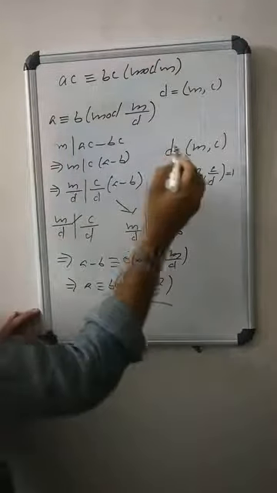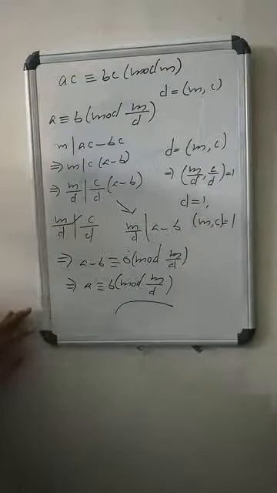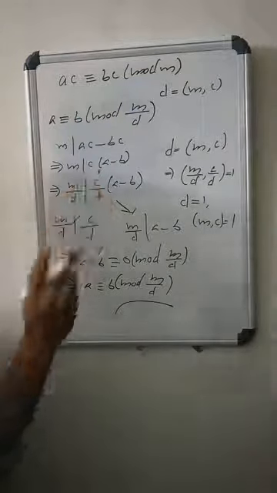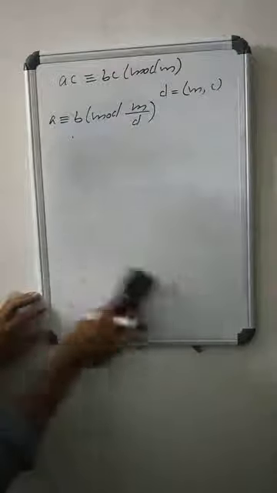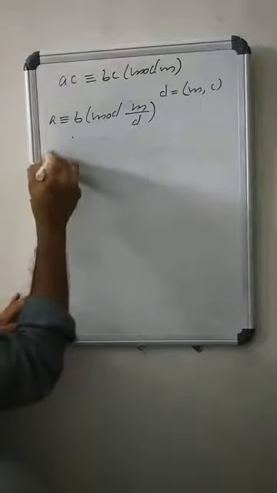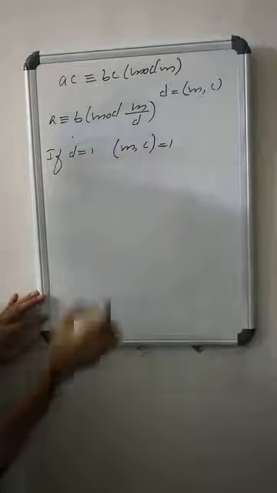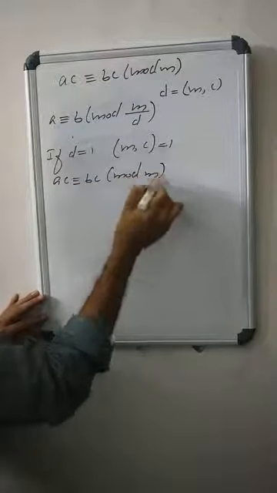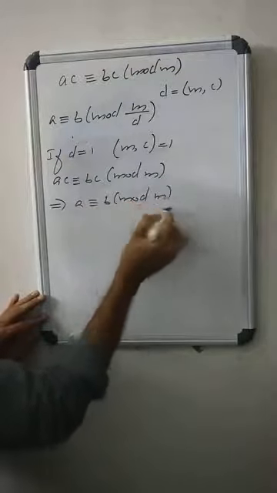Now, when D is 1, meaning M and C are relatively prime, when the common factor and modulus are relatively prime, then AC congruent to BC mod M implies A congruent to B mod M. That is the special case. If D is 1, meaning the modulus and the common factor are relatively prime, then AC congruent to BC mod M implies A congruent to B mod M by D, where D is 1.